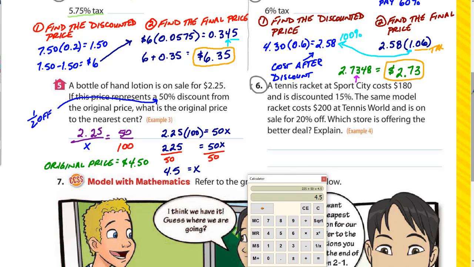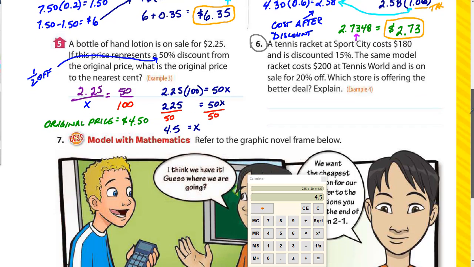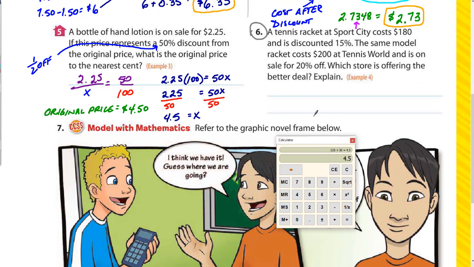Number 6. Problem number 6. The tennis racket at Sports City costs $180, 15% off. The same model at Tennis World is $200, 20% off. Which store is a better buy? I'm going to use the what-do-I-pay method.